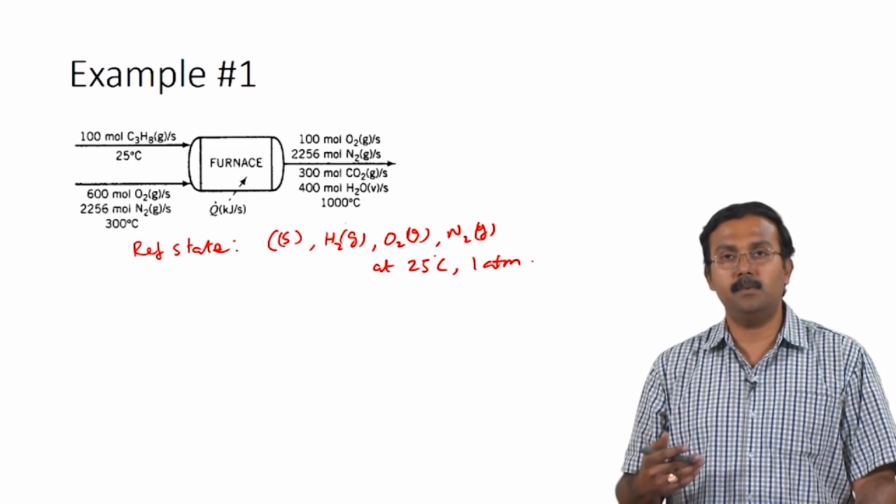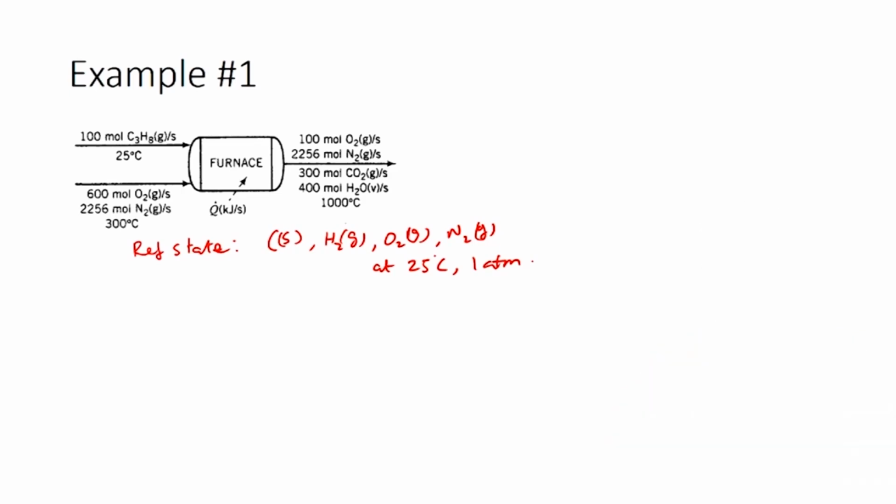This would be the reference state where we can actually use the standard heat of formation which can be obtained from tables. Now that we have identified the appropriate reference states, let us start building the specific enthalpy table.